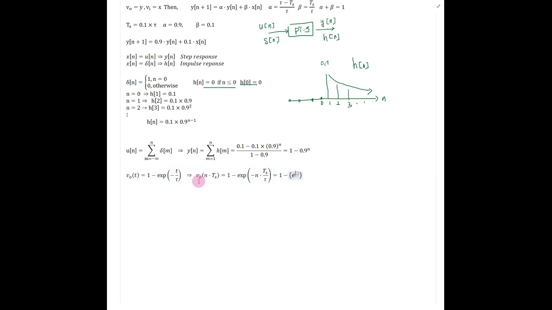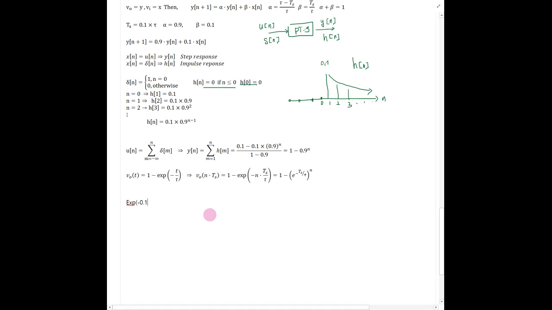So we can write this in this way: e to the minus Ts over tau, to the n. We can rewrite this. Comparing these two, we choose this one as 0.1, and then it's quite similar to this one. If I calculate this value about 0.1, is this working?